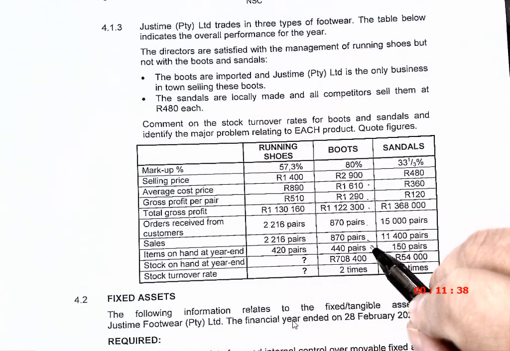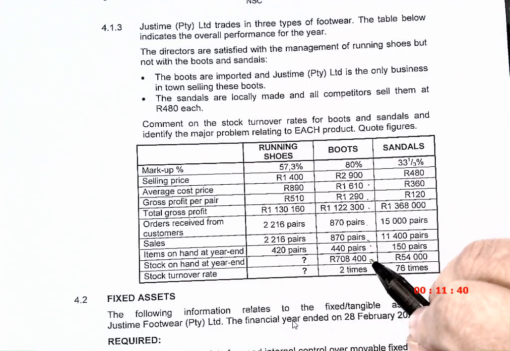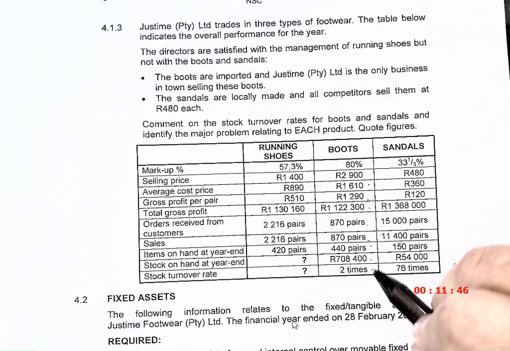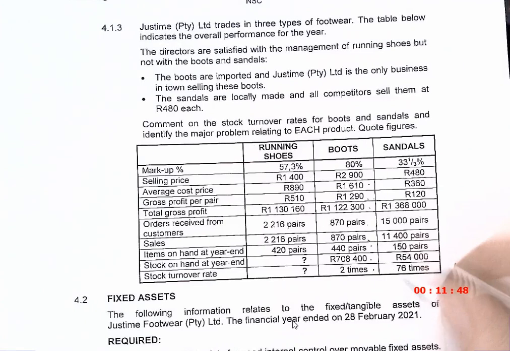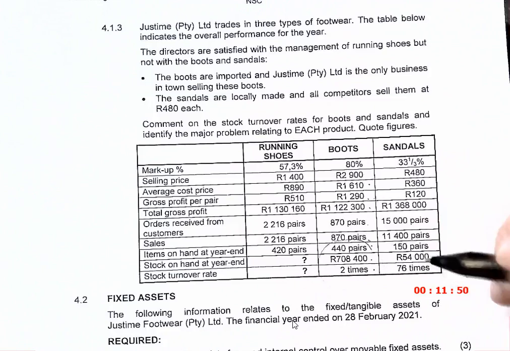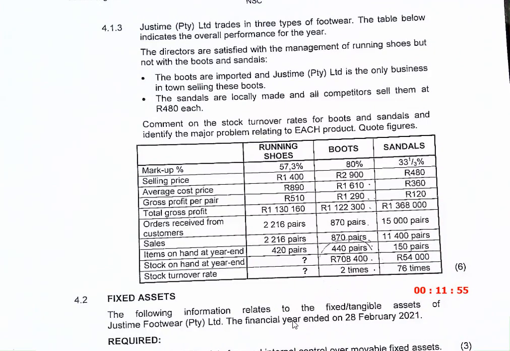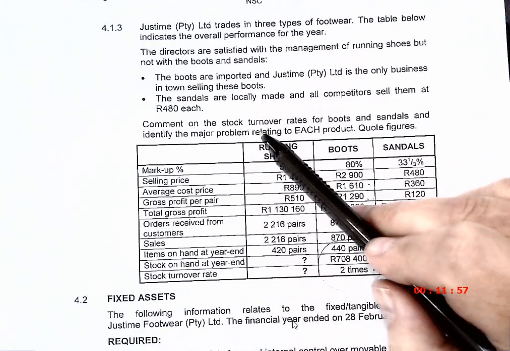Stock on hand is 708. Can you see that's a lot of cash that's tied up in stock? And the stock turnover is 2 times a year. Can you see the stock is selling very slowly? But in the end I get a lot of money for it. So what do they want? I need to comment on the stock turnover.